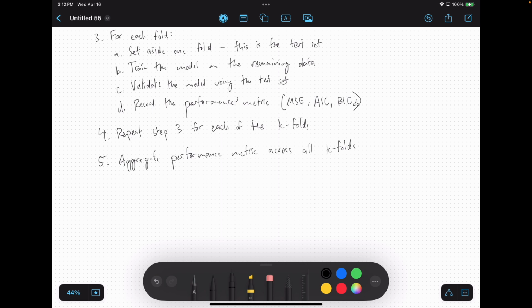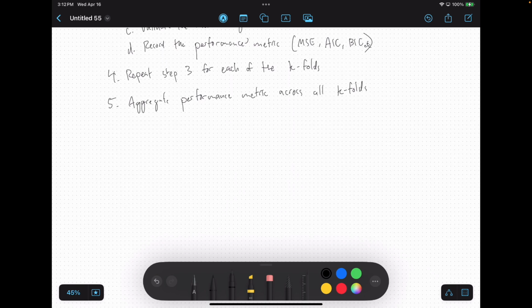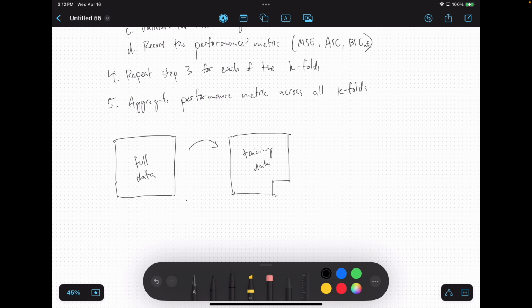Probably a lot to take in at once, but let's go through this. Suppose I have a data set. So this is my full data. Essentially, I'm going to take this full data set and carve out a piece here. So this then becomes my training data, and then I have test data. And I repeat this K times, right?